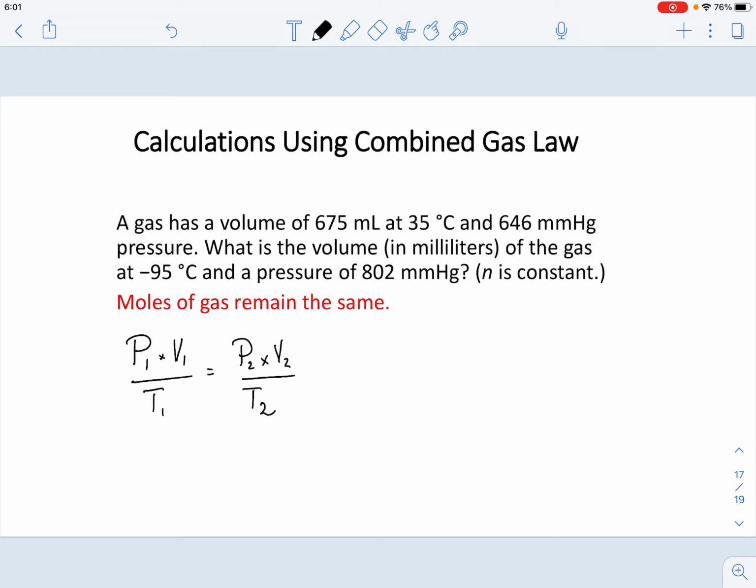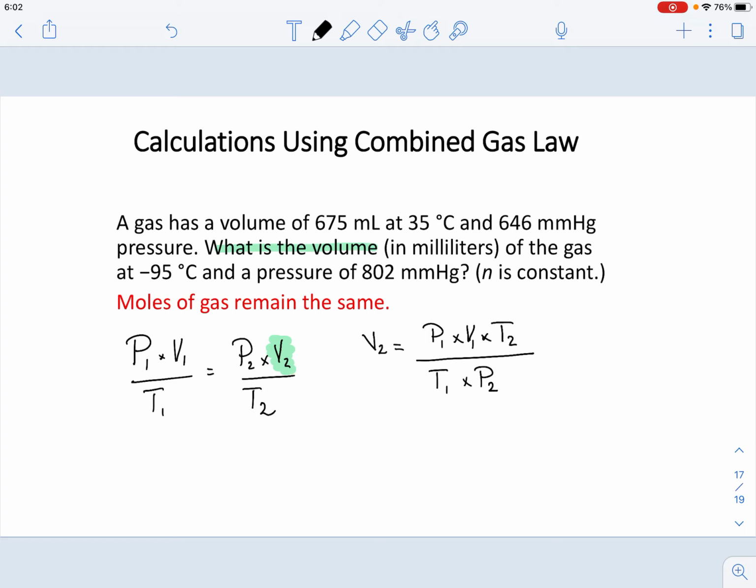Okay, so as you can see here, we are looking for the new volume. So we're trying to solve for V2. When we rearrange this equation, we know that V2 is going to equal P1 times V1 times T2, everything divided by T1 times P2. Okay? All we did is that on both sides, we multiplied them by T2 over P2.